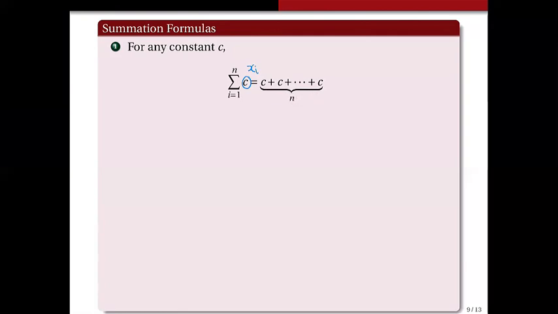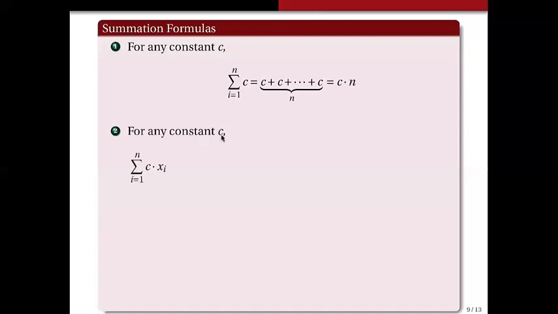If we simplify, this is just c times n. Take note that n here is fixed. i here is the one changing. It is the one running from 1 up to that value n. So the summation of the constant, i from 1 up to n, is just c times n.